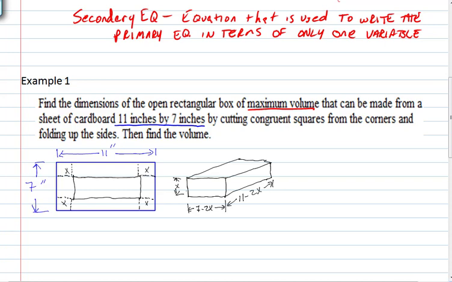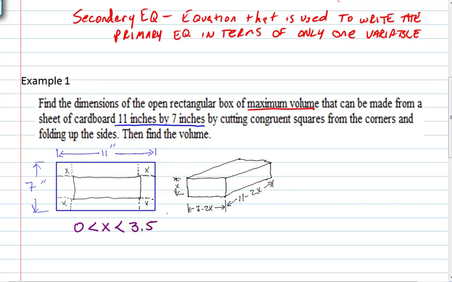So our primary equation here is going to be the volume. We don't really have a secondary equation this time. By the way, we do have a domain for our variable. What is the domain for x? X has to be between 0 and what?